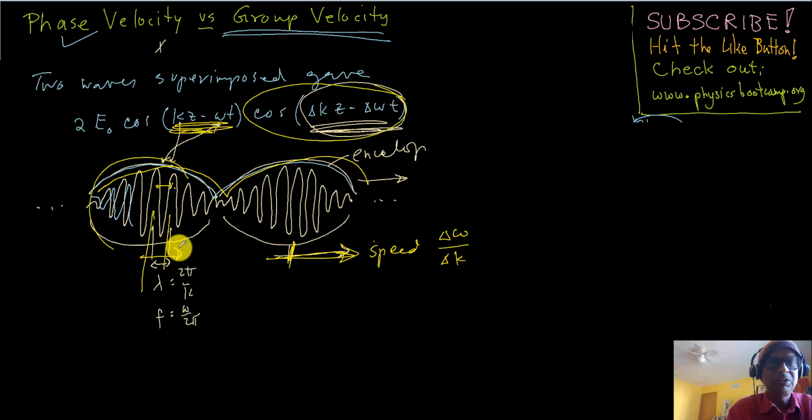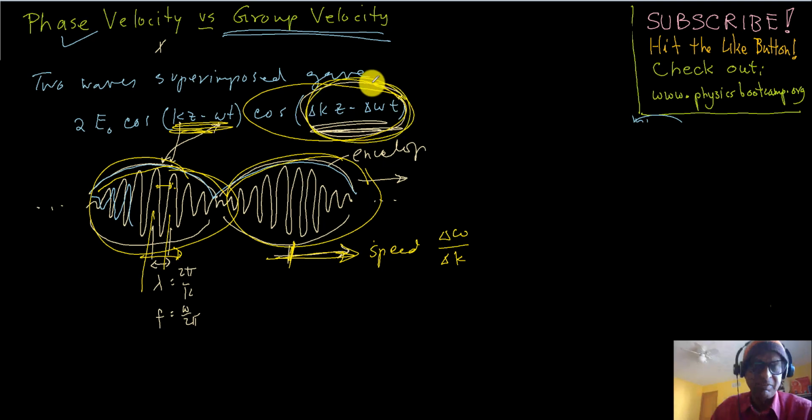The modulation part moves according to the argument of this cosine, whereas the average wave is moving at omega over k.